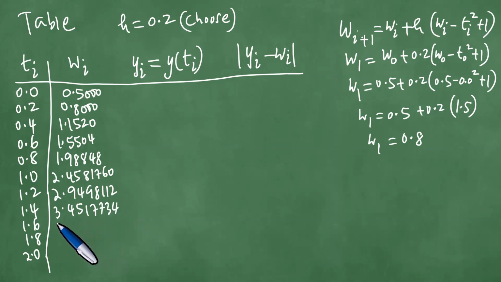So 1.6, for instance, becomes 3.9501281. Okay, there's going to be a lot of calculator practice tomorrow. So you have 4.428 1538.